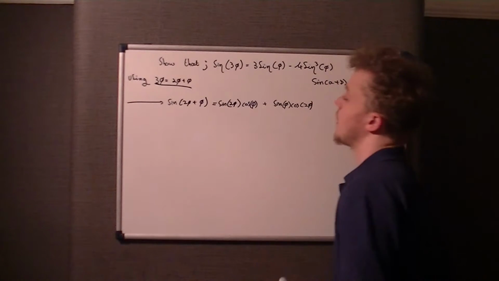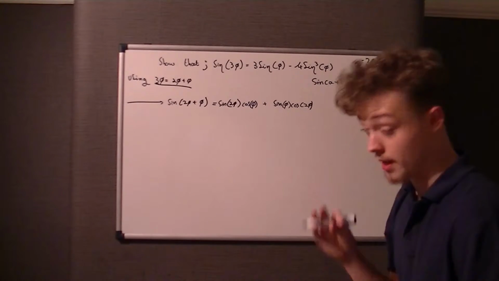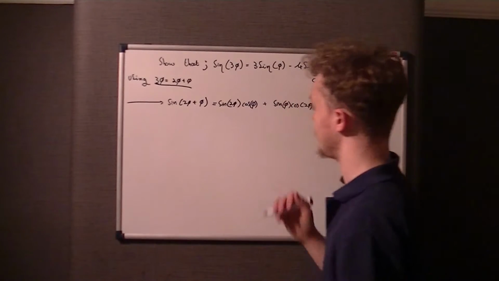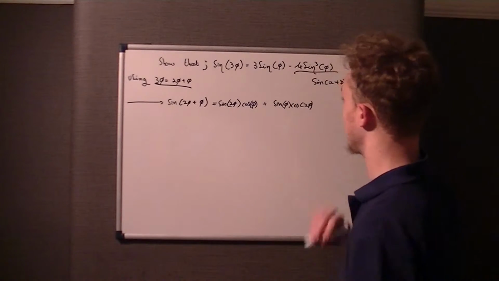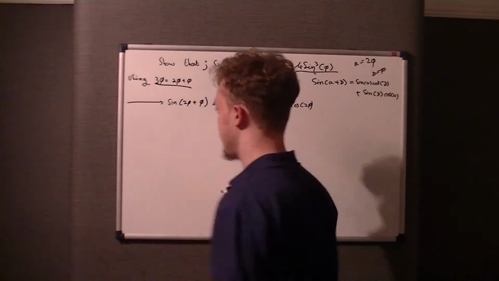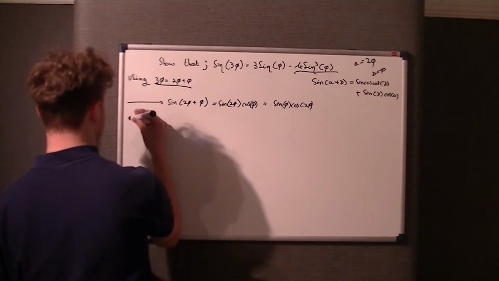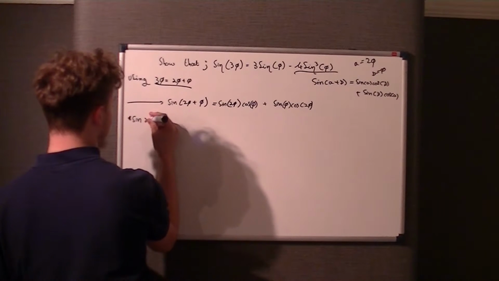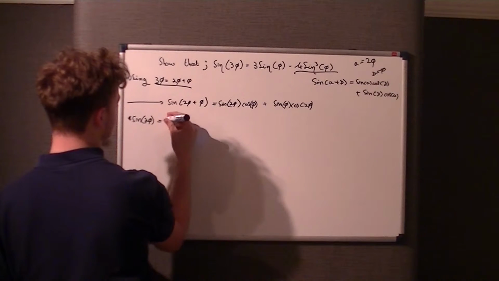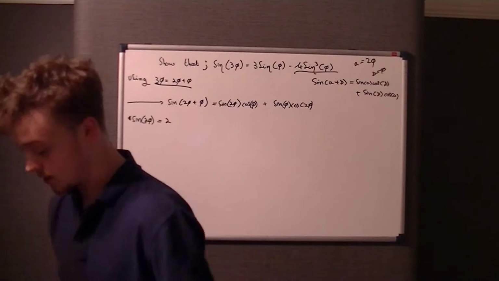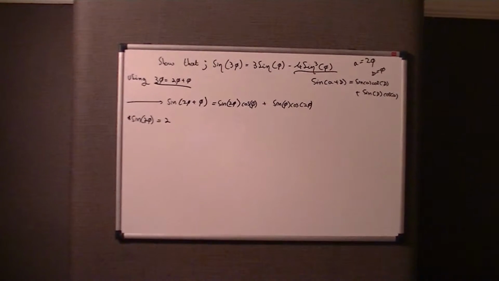Now, it might be a good idea at this point to drop in your double angle formula, because we've got to have it as all single angles, so we need to change these to single angles. So I would put somewhere, as a star, sine 2 theta is equal to 2 sine theta cos theta.